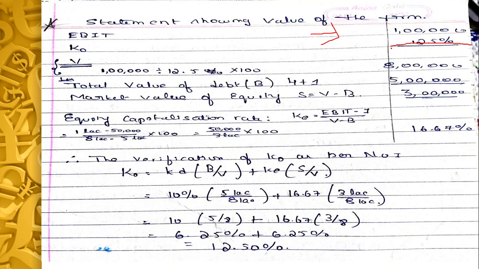That's why here you can put 2 underlines. That is the information that they have given. Now the first thing that they ask is what? Value of the firm. How will you calculate the value of the firm?